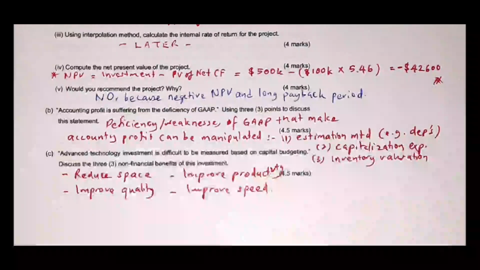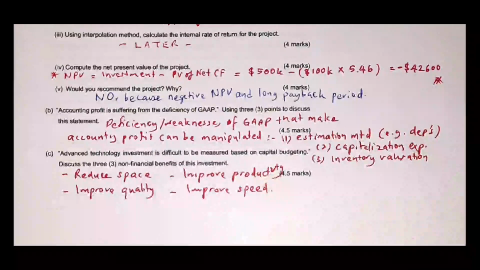I think the methods that I can remember are FIFO, LIFO, and weighted average method. So when you choose one inventory valuation method, that method can affect the amount of profit of a business or company.